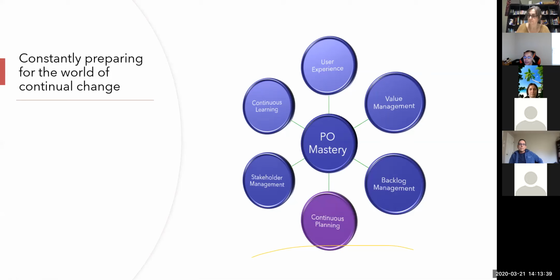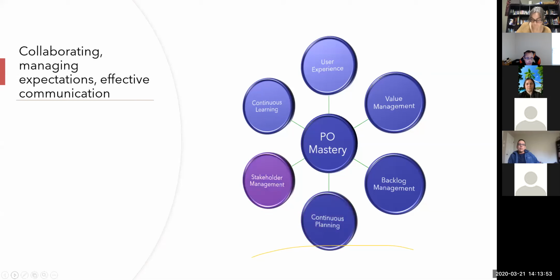These are some indicators that your product owner is advancing their career and looking at the right things when it comes to continuous planning. Quite often you'll find product owners not doing that at all.